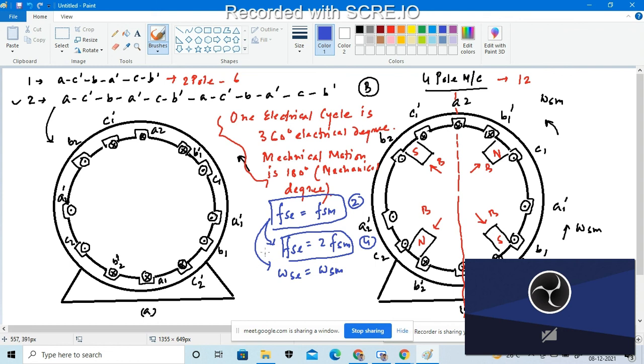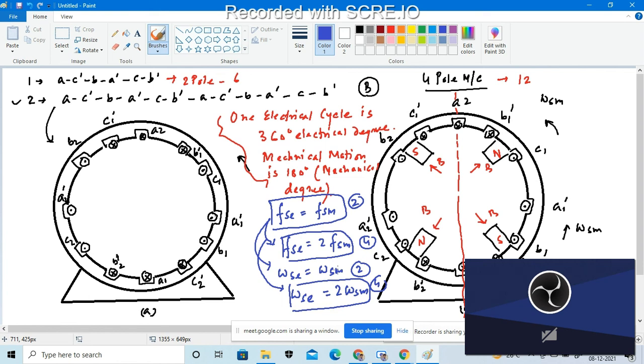But in case of a four pole machine, omega of AC equals 2 times omega of SM. That means twice, if we compare the four pole and the two pole. Okay, that means for the four pole winding, the electrical frequency of the current will be twice the mechanical frequency of the rotation.